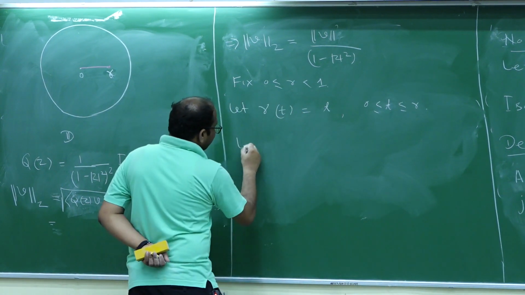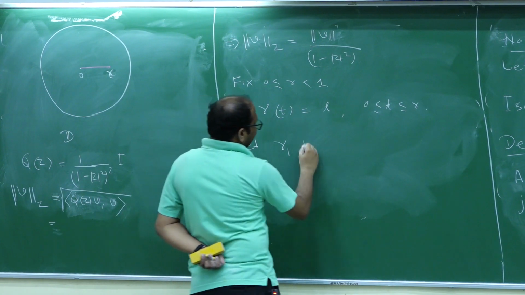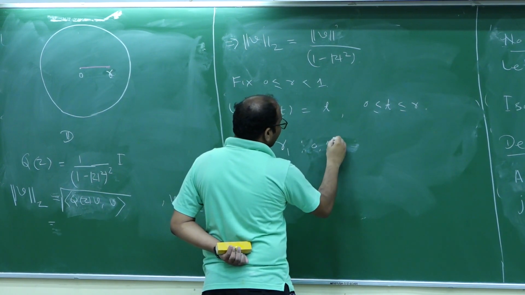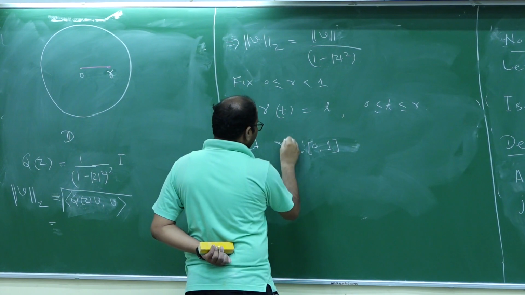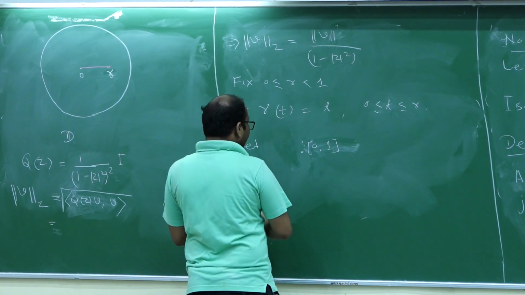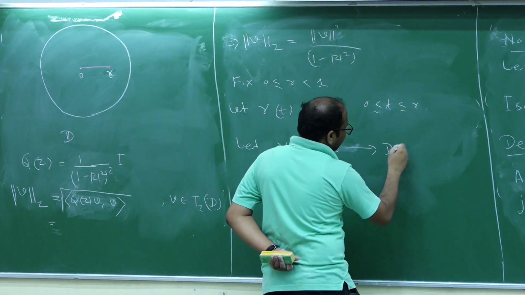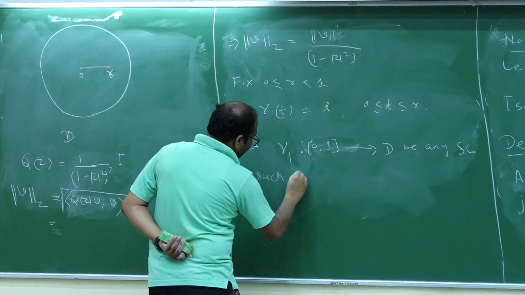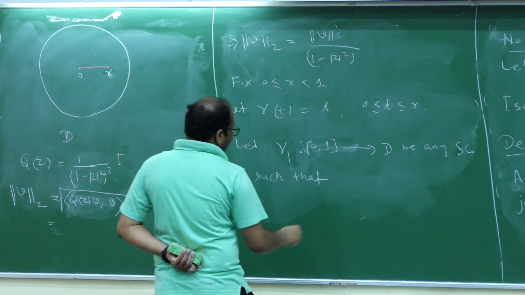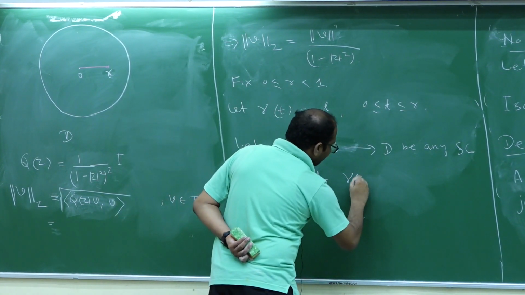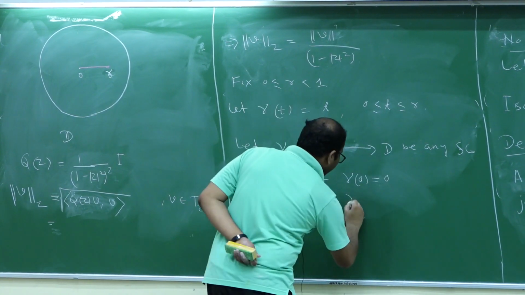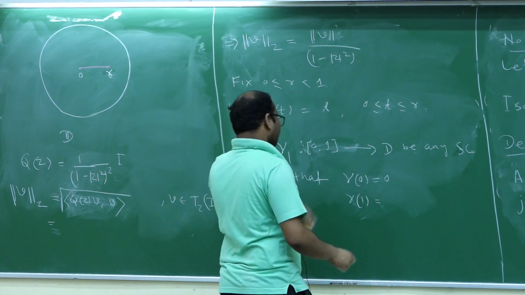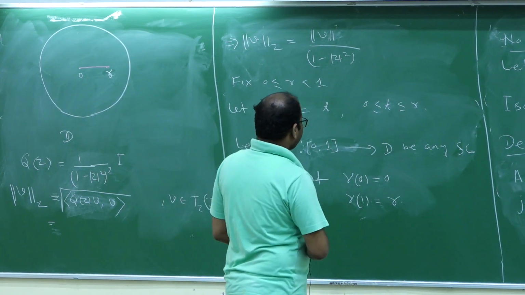So let gamma 1 be any smooth curve so that gamma 1(0) is equal to 0 and gamma 1(1) is equal to 1.